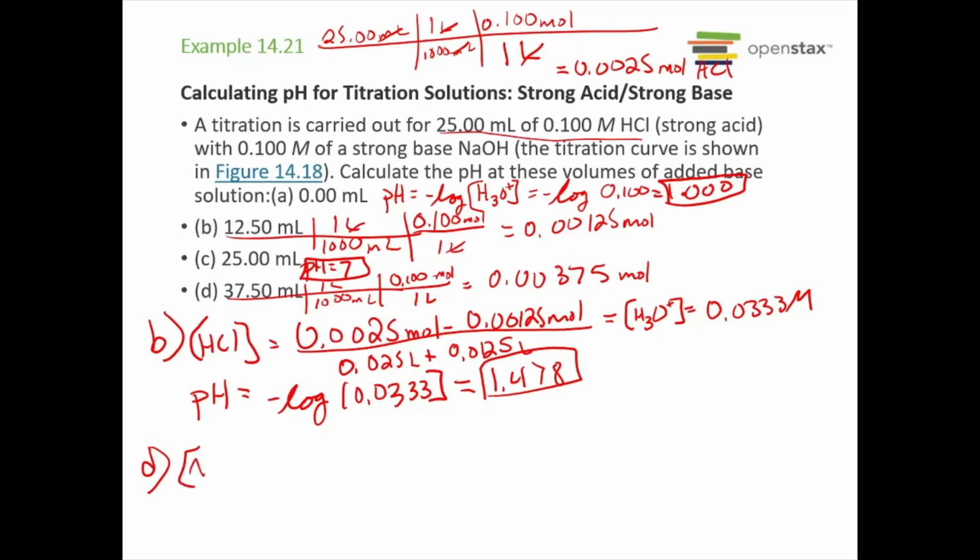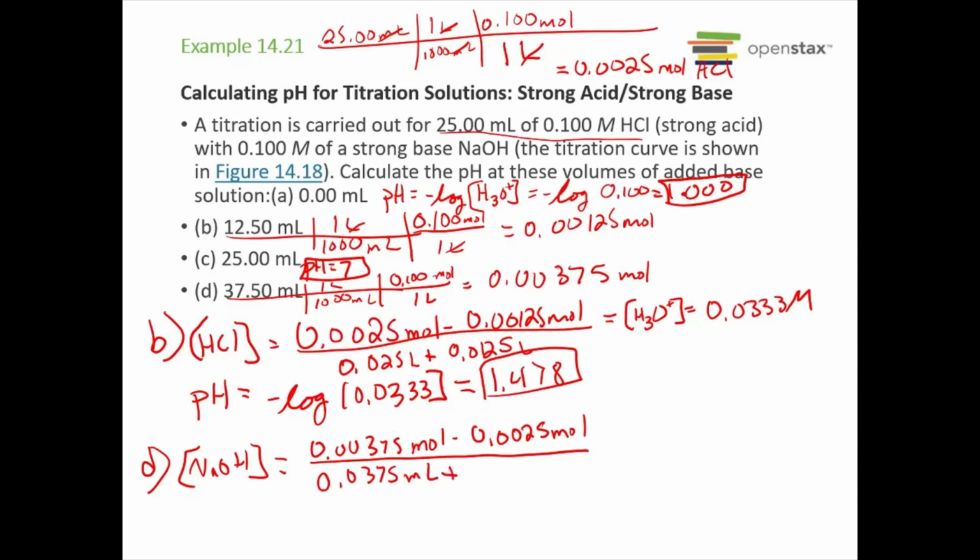So our concentration of NaOH is now going to be equal to these 0.00375 moles minus all of the hydrochloric acid that has been used up. So that's that 0.0025 moles of it. And this is going to be divided by our total volume, which is 0.0375 plus 0.025, oh, I'm sorry, not milliliters, liters.